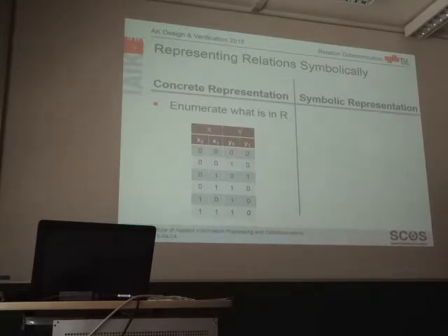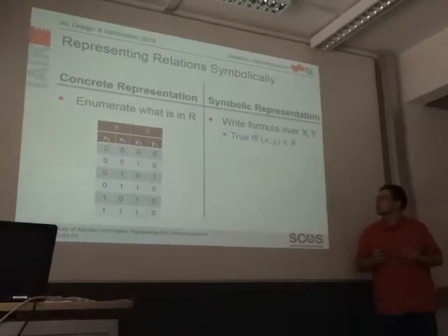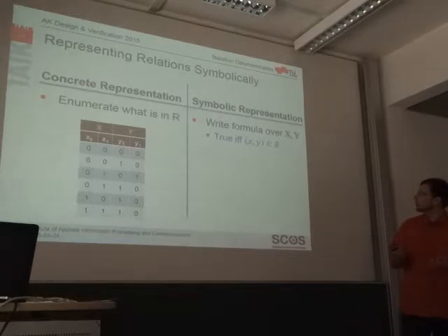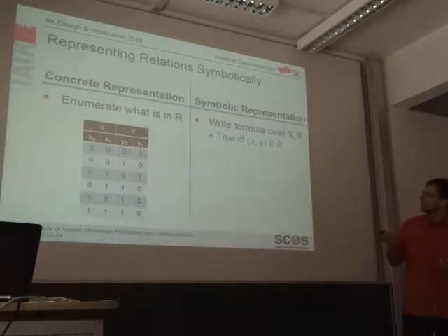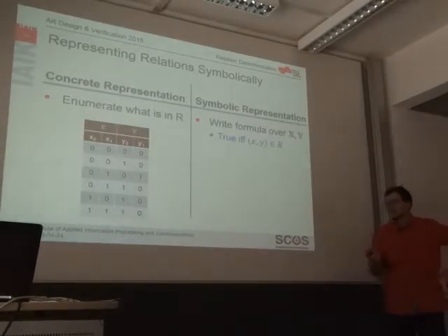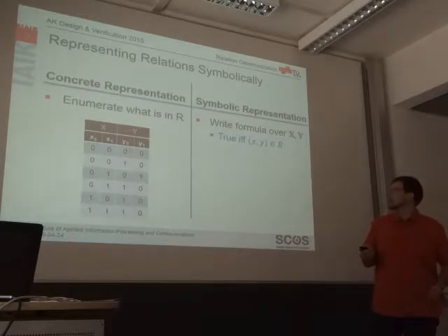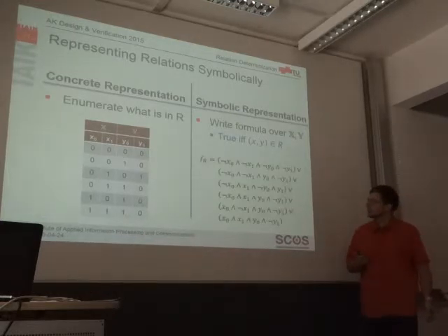So what we're going to do is we're going to encode these things symbolically, which is why in logic and computability we always devote an entire lecture on encoding sets symbolically. So what we're going to do is we're going to find a characteristic function, which is a formula over these variables x and y here, in such a way that the formula evaluates to true whenever a combination is part of our relation. And obviously then it means it evaluates to false if a combination is not part of our relation.